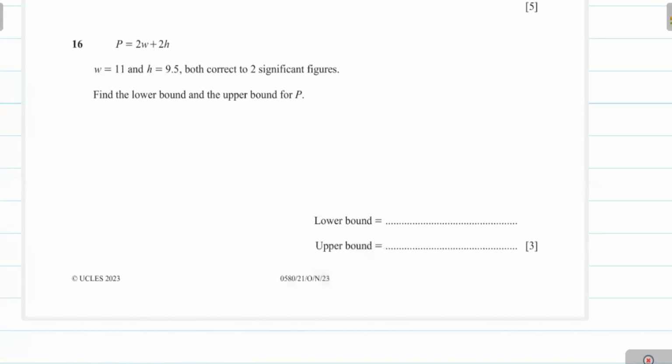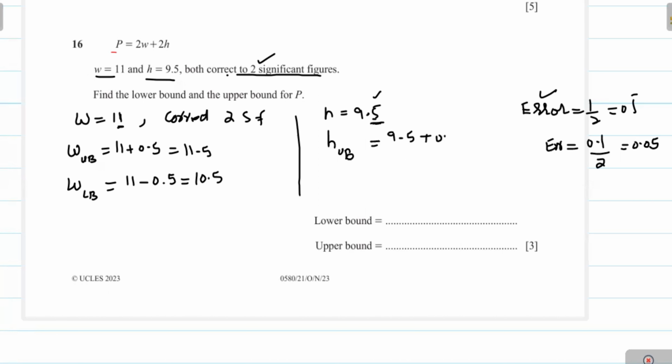Now, for the upper bound value, H will be equal to 9.5 plus 0.05, and this value will be equal to 9.55. And the lower bound value will be equal to 9.5 minus 0.05, and this value will be equal to 9.45.